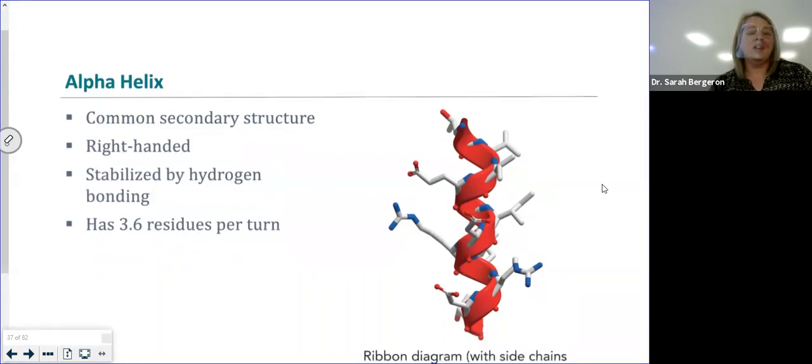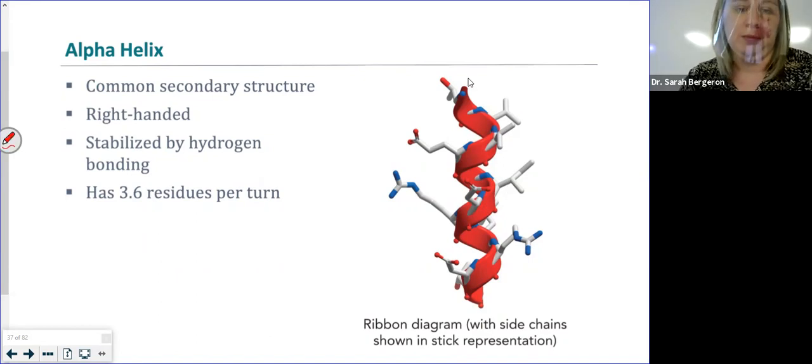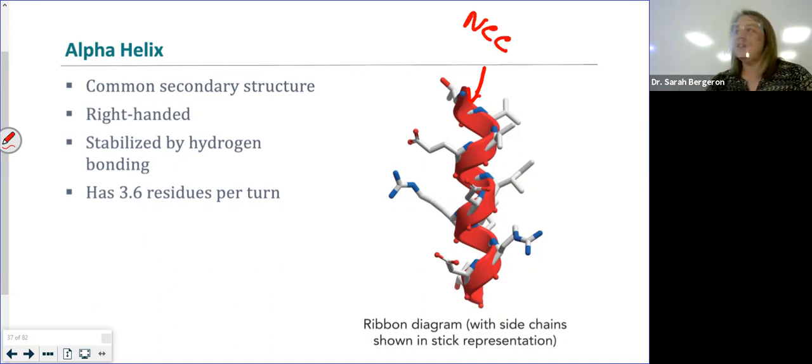All right, so this is an example of a ribbon diagram of an alpha helix, right? And we said the ribbon represents what? That red ribbon in the picture. The backbone. What's the backbone? NCC. That's right, NCC is our backbone. And then what are those things that are sticking out?